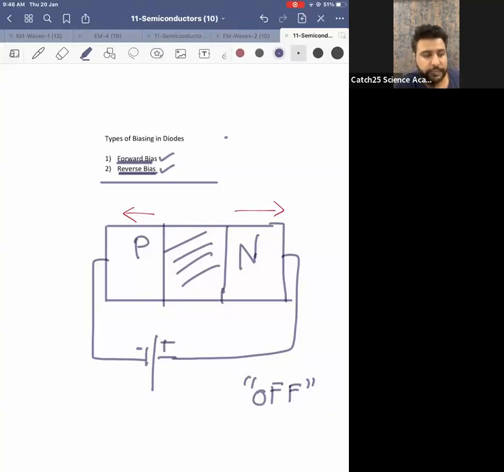Next line. In reverse bias, the width of the depletion region increases.